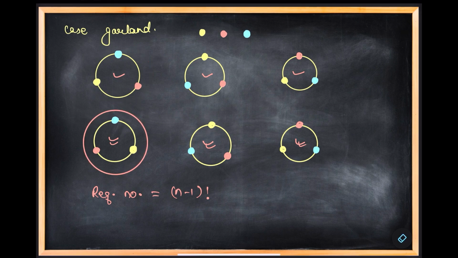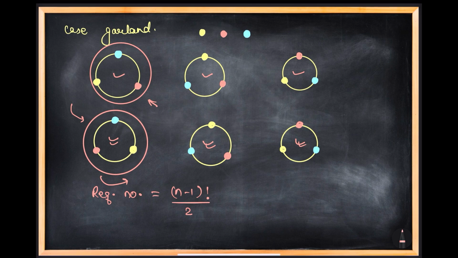Suppose I offer you this garland, and then I offer you this garland. I will ask you, you can have any one of them. Don't you think you will say, sir, both garlands are the same? Because look at this, you can flip this, no? Don't you think if you flip it in this manner, it will look the same? So for that we will divide by 2 factorial, or you can divide by 2.